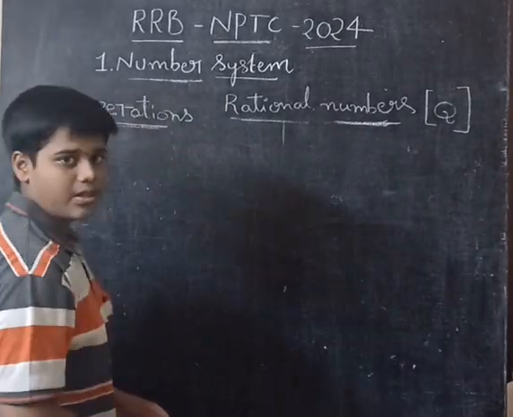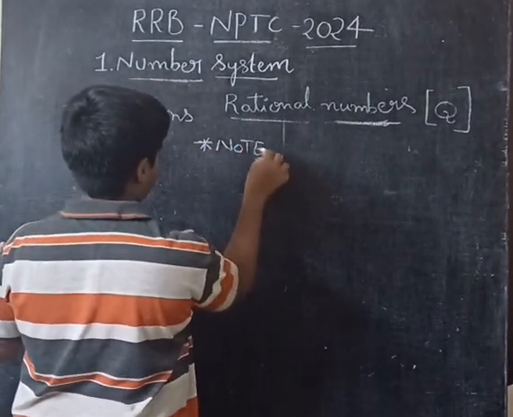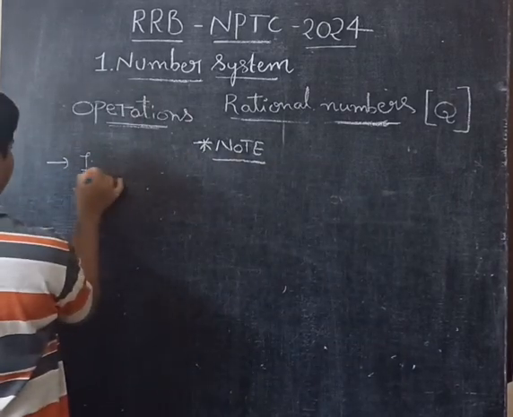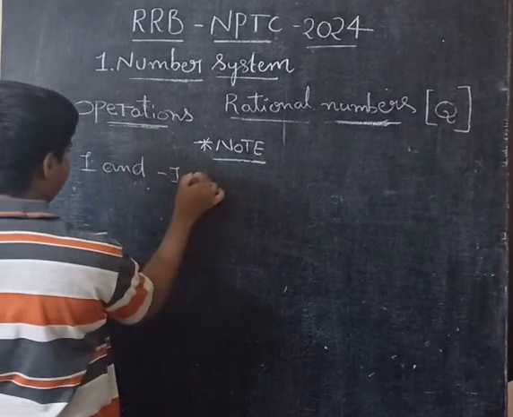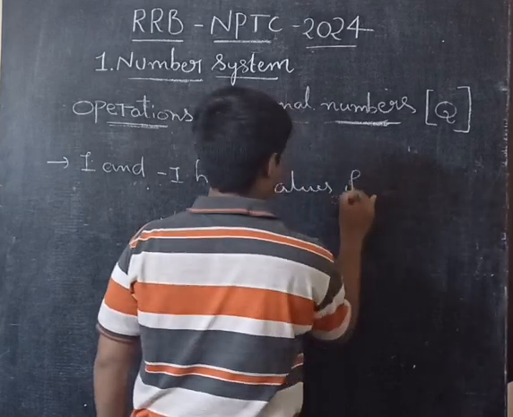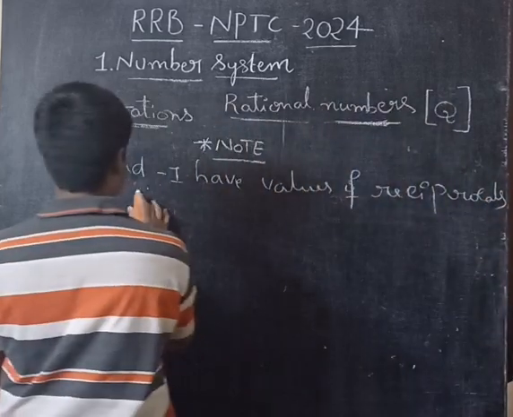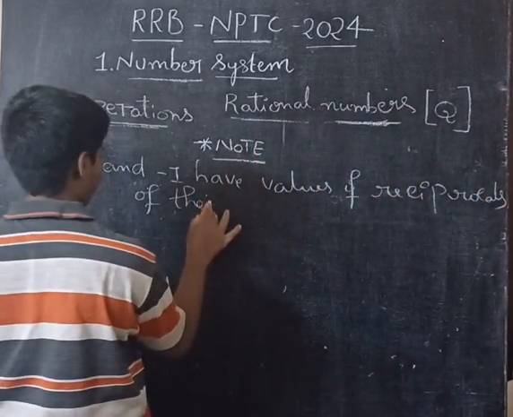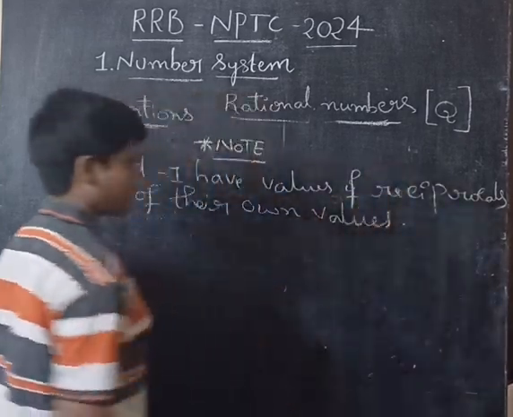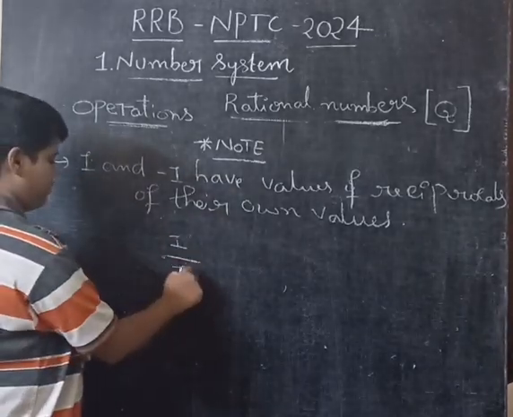So in multiplication, one of the important points, write as a note point. In this first one, 1 and minus 1 have values of reciprocals of their own values, which means if I write the reciprocal of 1, it is nothing but 1 by 1.